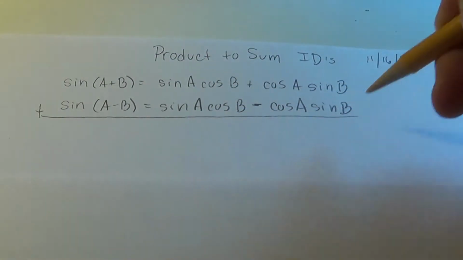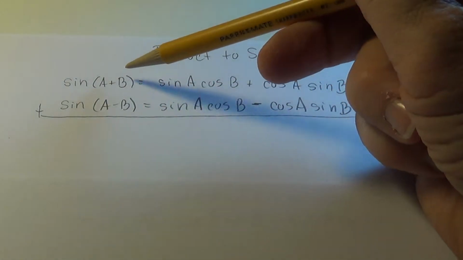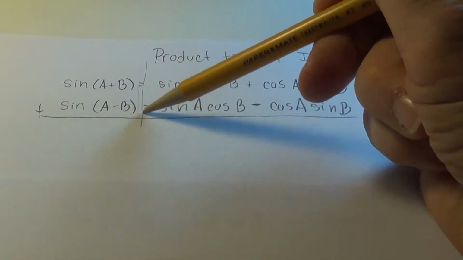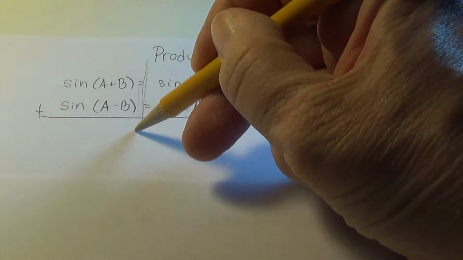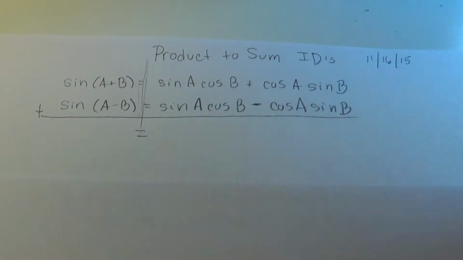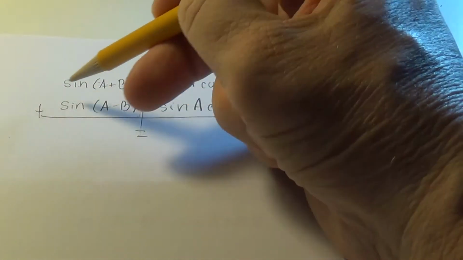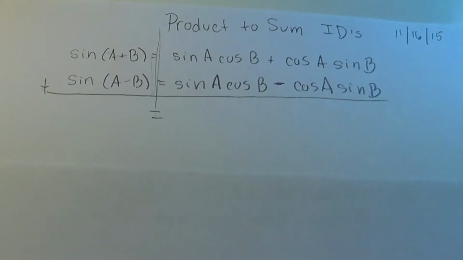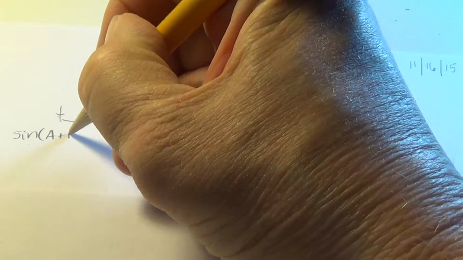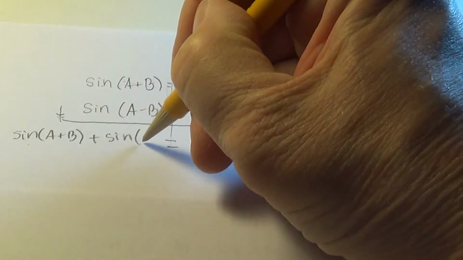When you add 2 equations, you're going to add the parts on the left and then have an equal sign, and add the parts on the right. So here, sine of a plus b plus sine of a minus b is going to be just that. Sine a plus b plus sine a minus b.